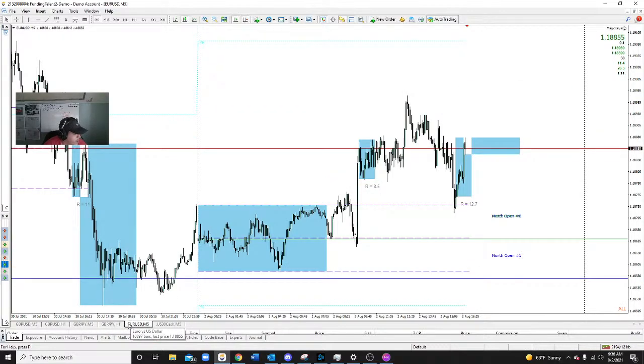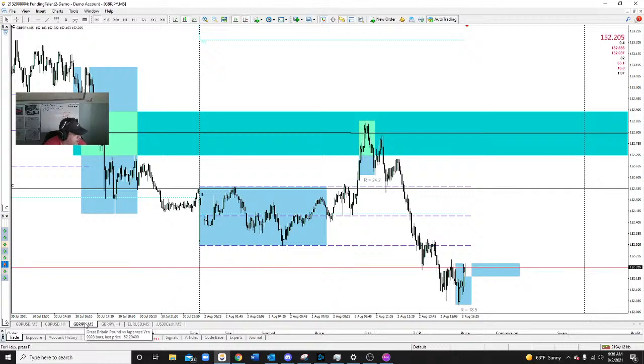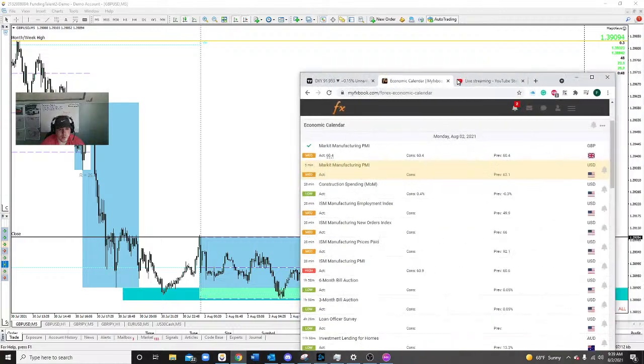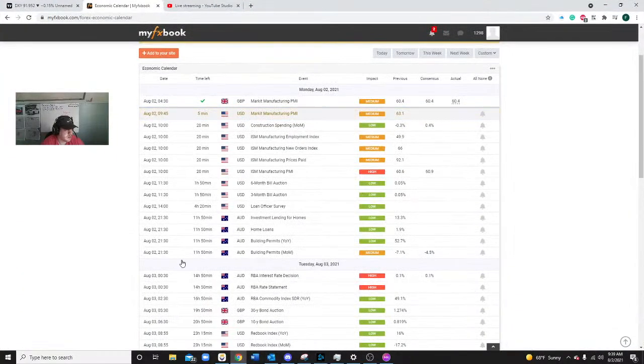All right, so right now we've got Euro USD bullish, GJ bullish, GBP USD bullish, dollar bearish. So everything is in its correct order now. We have some medium impact news in about 20 minutes. We look here, we have one in 5 minutes, and then 20 minutes.